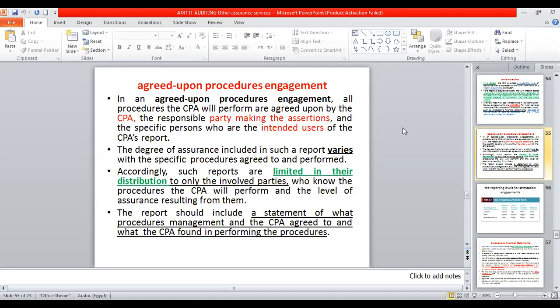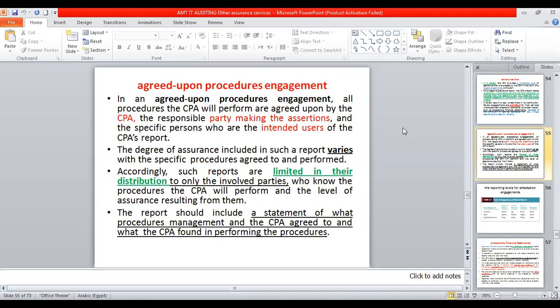According to this engagement, the reports are limited in their distribution to only the involved parties who know the procedures, who know the level of assurance, who know the procedures conducted by the auditors, and who know everything concerning this engagement. So you should understand that the level of assurance varies. Also, the outcomes or auditor reports concerning agreed upon procedures engagement must be limited only to the three parties that we mentioned before.